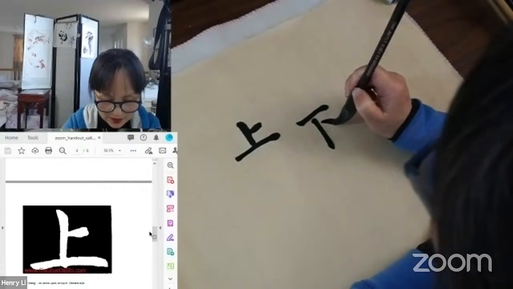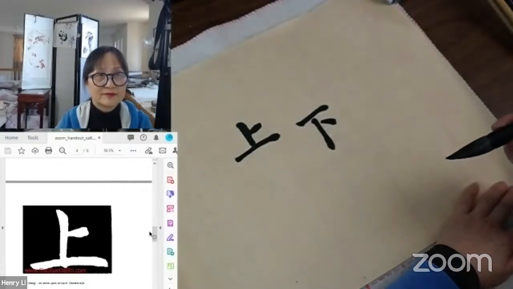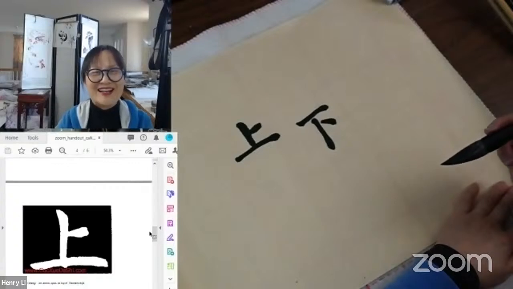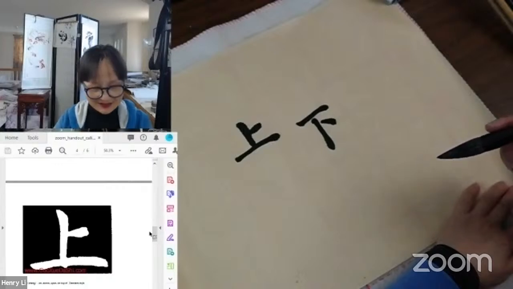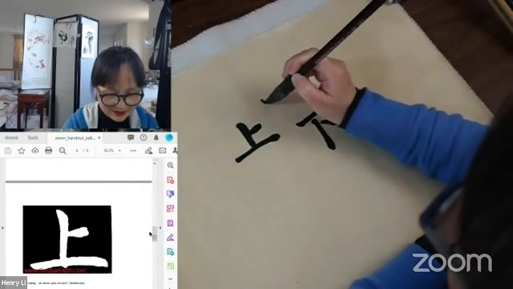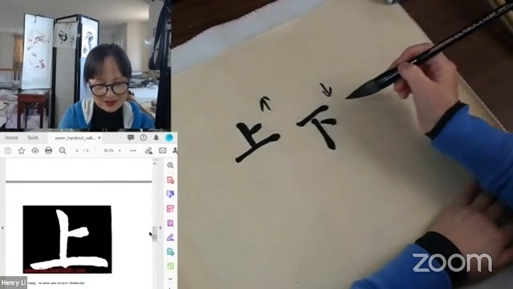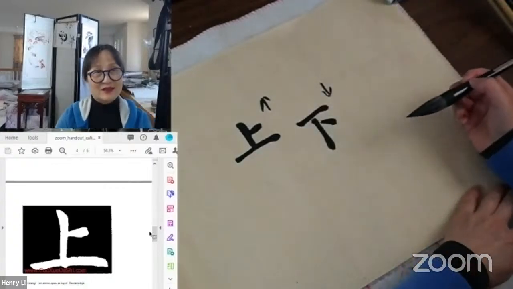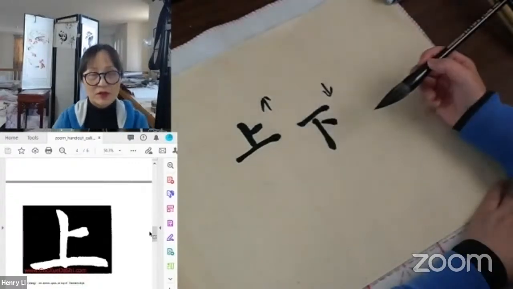Guess, what is this? Under, or yes, below? So we can easily remember both of them. So this is the horizontal one, like the horizon here, and this is under, this is above.